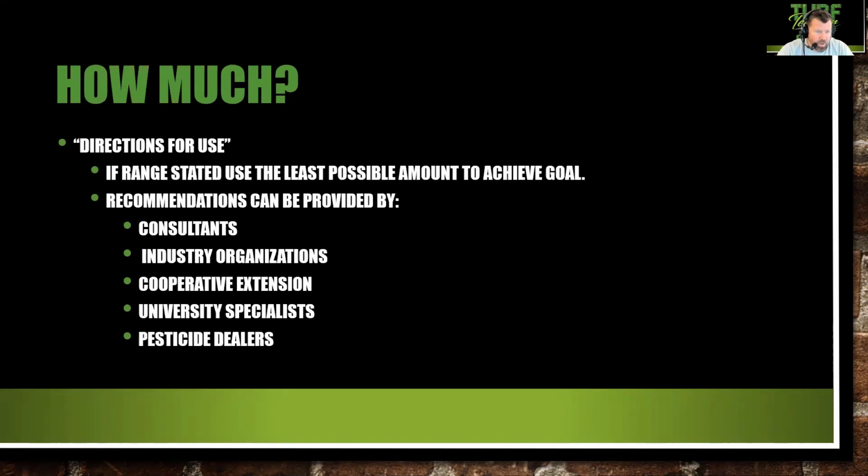Now, when we're talking about applying this pesticide, well, first, let's go back to a statement that I've always said. When we're applying a pesticide, what is the number one reason that we have a pesticide failure?